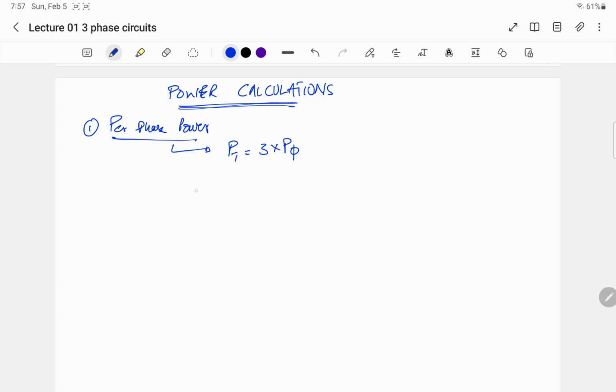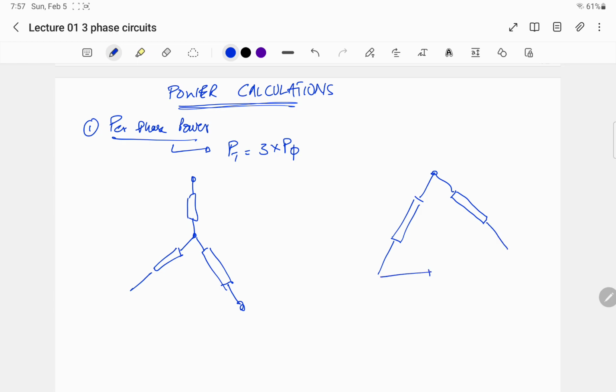So what is happening in this case? For example, we have this load, or even we have a delta load. So this is A, this is B, and this is C. A, B, and C. So what will happen is, what is phase voltage here?